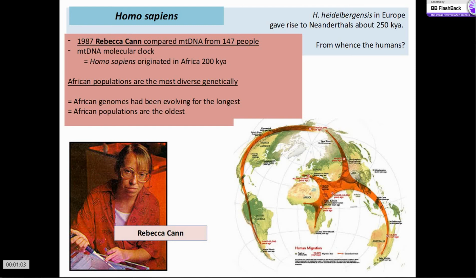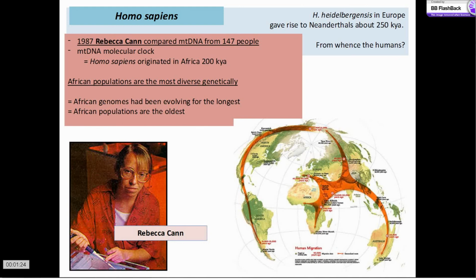This makes sense. Everybody is descended from Africa, but if you look at contemporary Homo sapiens in Africa, Africans, you see that they have the most diverse genes out of any human group.